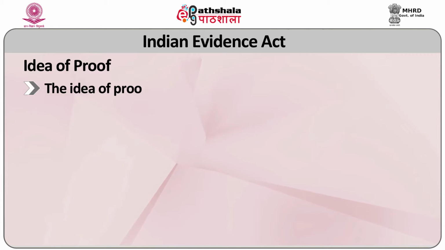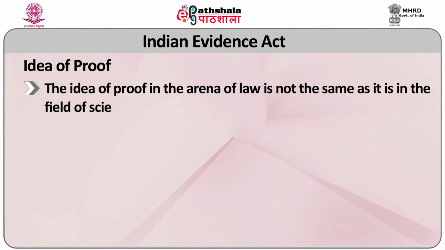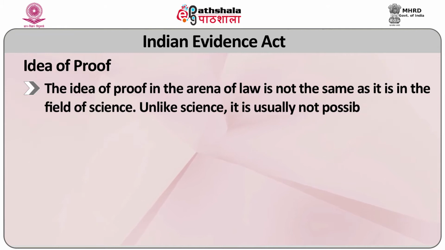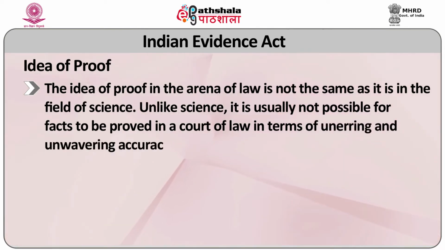The idea of proof in the arena of law is not the same as it is in the field of science. Unlike science, it is usually not possible for facts to be proved in a court of law with unerring and unwavering accuracy.